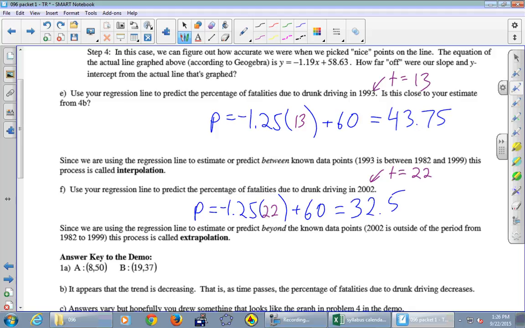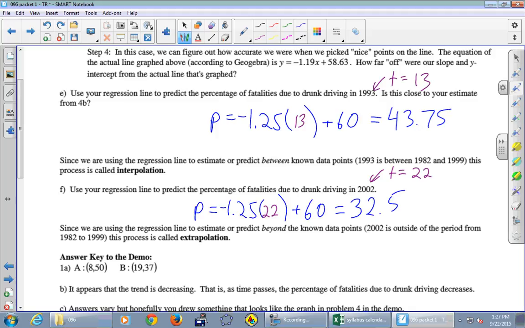In terms of how confident we are in any of these estimates, we should be more confident when we are using data in between the given points, the interpolation example, than we are extrapolating, because for all we know, something dramatic changed after our last data point, right? 1999 is the last piece of info we had.